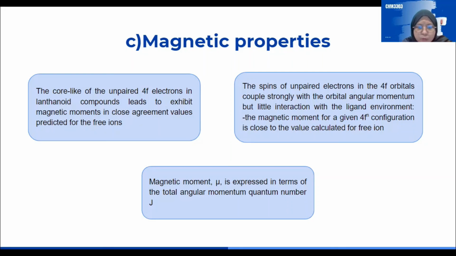The magnetic moment mu is expressed in terms of the total angular momentum quantum number J, as in the next slide.